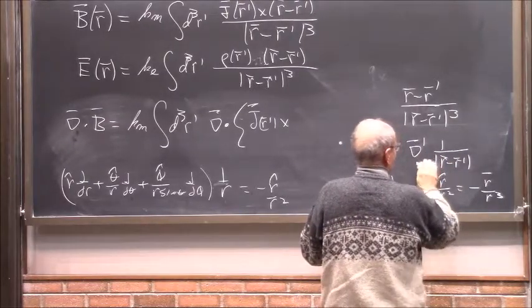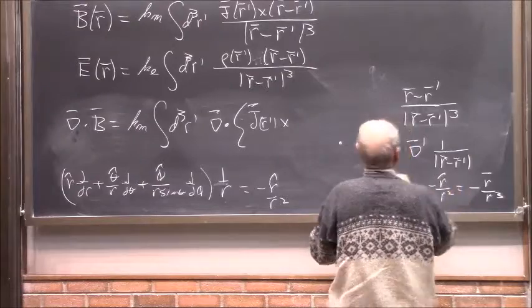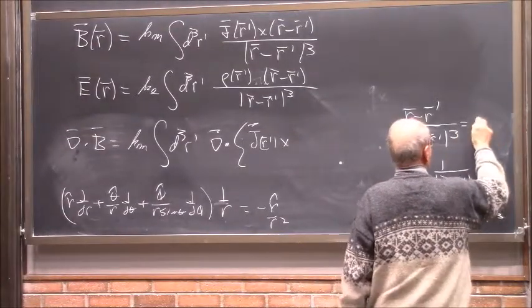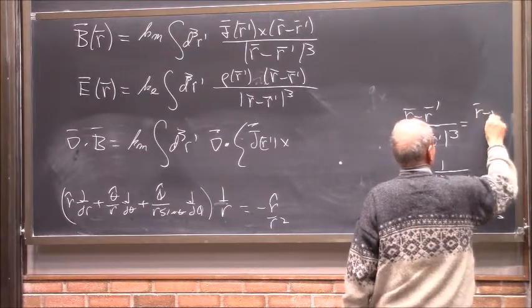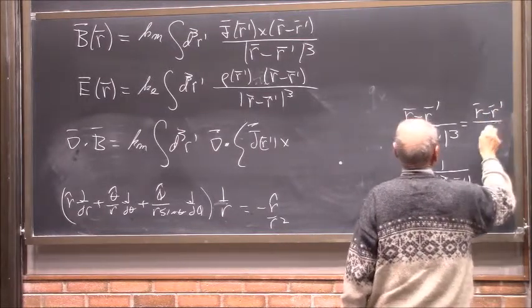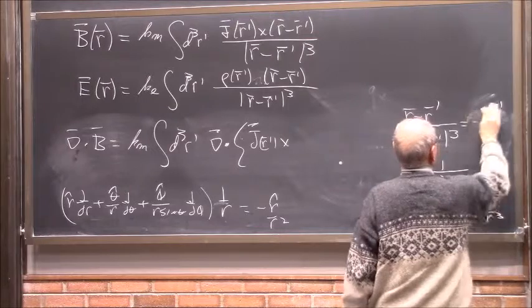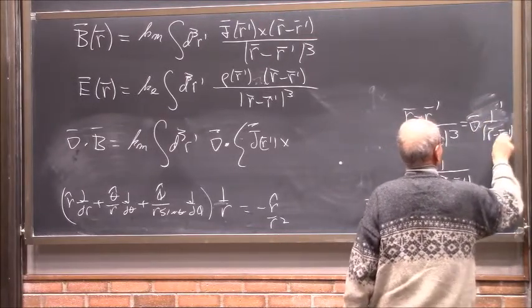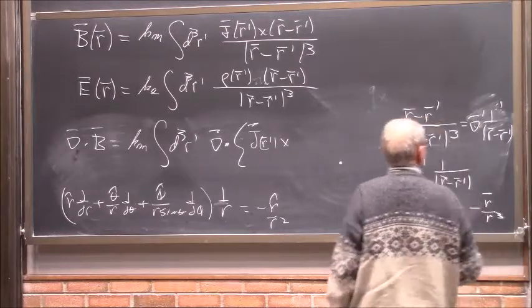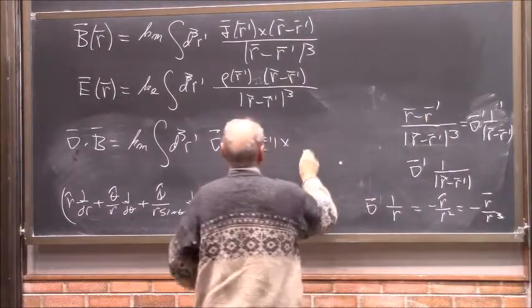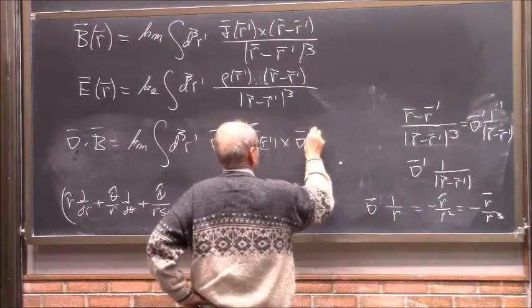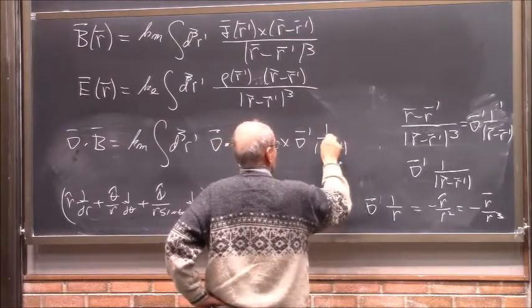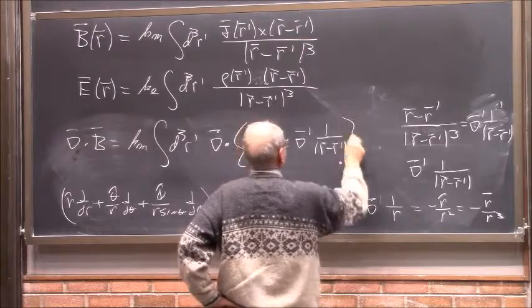So we can write this as equal to plus R minus R prime cubed, which is plus the gradient prime of 1 over R minus R prime. So we write this as gradient prime 1 over R minus R prime.